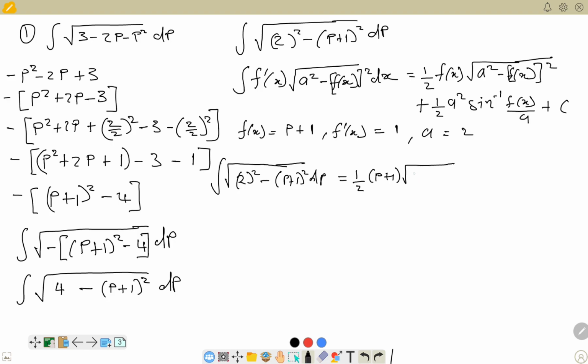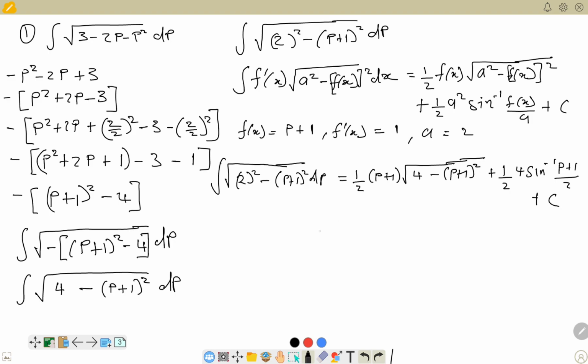We don't really need to write it in a squared form, we can just say it's 4, minus our f of x, which is p plus 1 squared, plus a half a squared, which is 4 because it's 2 to the power 2, then arc sine of p plus 1 over a, which is 2, plus c.